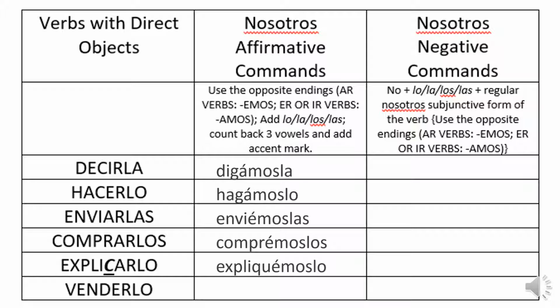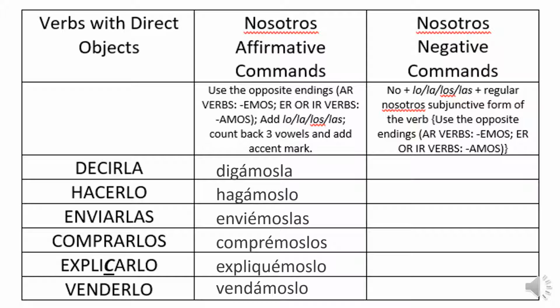They get more and more complicated, don't they? And let's look at this last one, venderlo. So if you say, what do you think about this car? Should we keep it or should we sell it? And I say, let's sell it. I would say, vendámoslo. Vender is ER, so we use AMOS, add the lo, add the accent mark, vendámoslo.